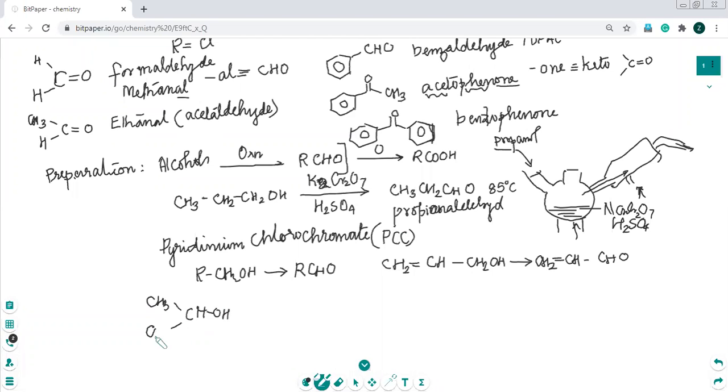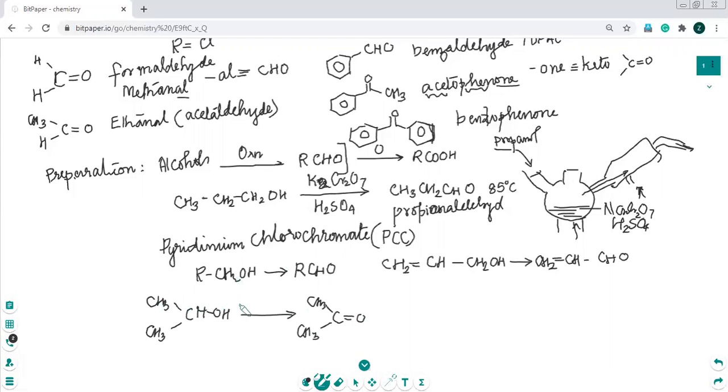This is a secondary alcohol. We have seen this: if we use a secondary alcohol, we will get a ketone, CH3COCH3. We have studied this before.